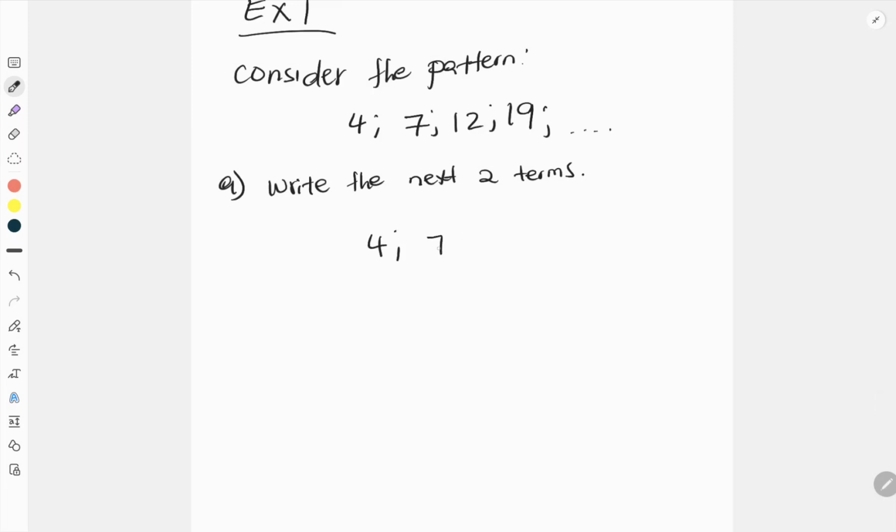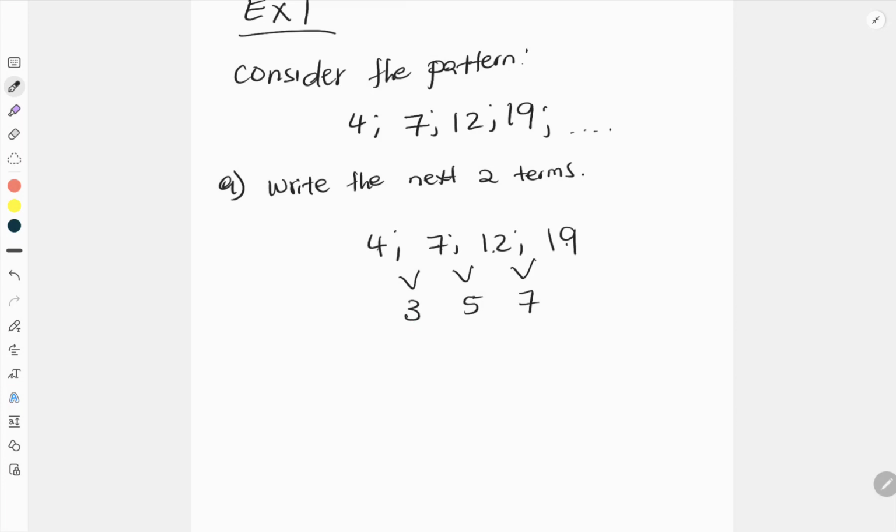Write 4, 7, 12, 19. Then remember, you must find the differences. 7 minus 4, you will get 3. 12 minus 7, you will get 5. 19 minus 12, you will get 7.